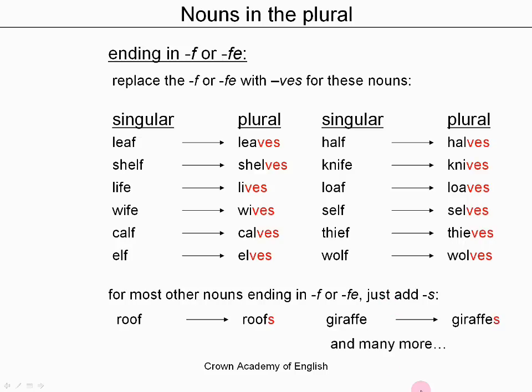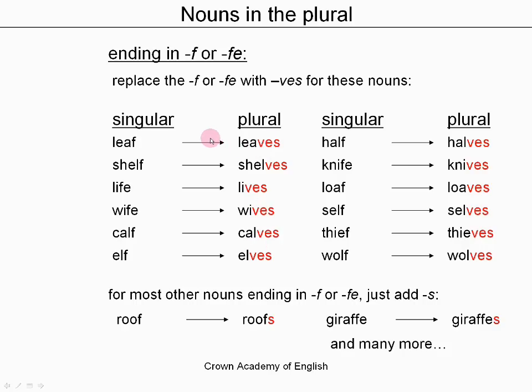and many more. Okay, so my advice for you for nouns ending in F or FE is for you to learn this list here at the top. These are the most common examples of nouns where you have to change the F into VES.